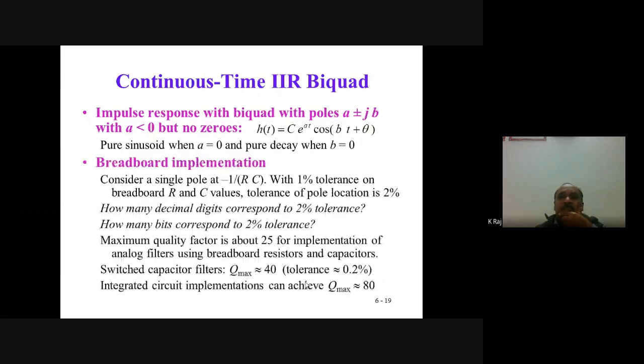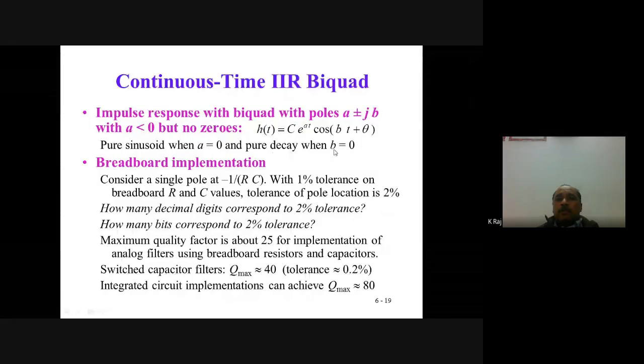Now we are discussing some concepts of the continuous time IIR filter. Here suppose A plus jB has A less than 0, but there are no zeros, then h(t) will be C e to the power At times cos(Bt plus theta). This will be a pure sinusoid when A is equal to 0, and pure decay when B is 0.